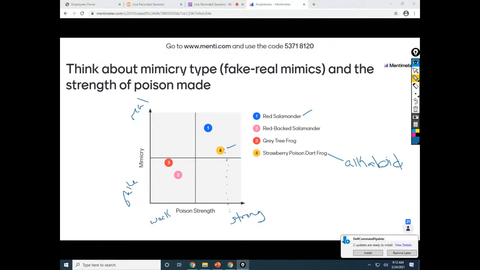Okay, our red salamander, slightly less poisonous. What kind of poison does the red salamander use? Or what was the gland type? Probably also horrifically spelled, that's fine.